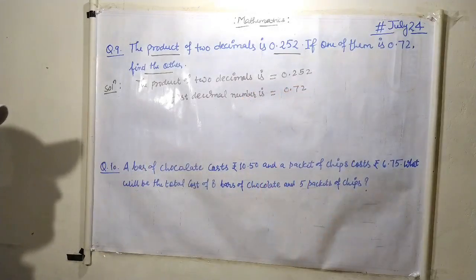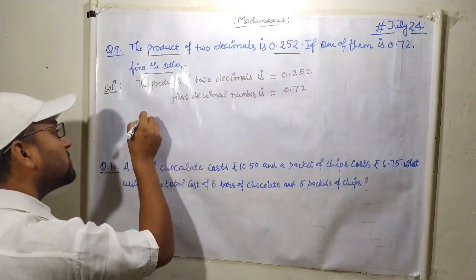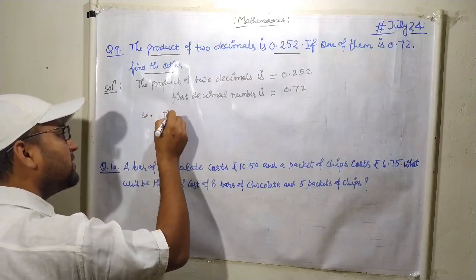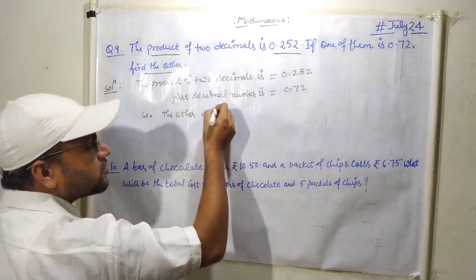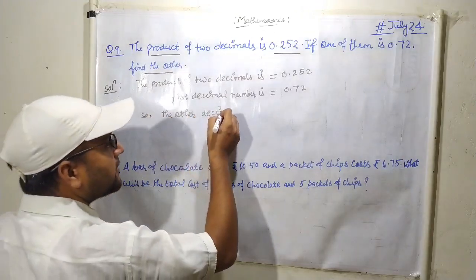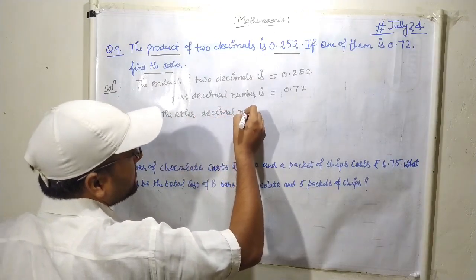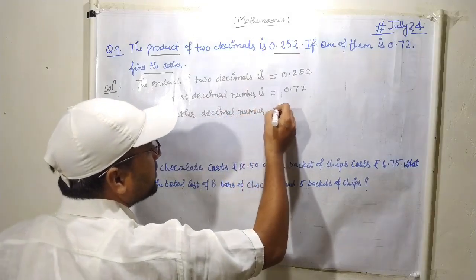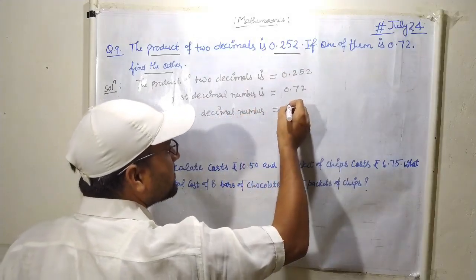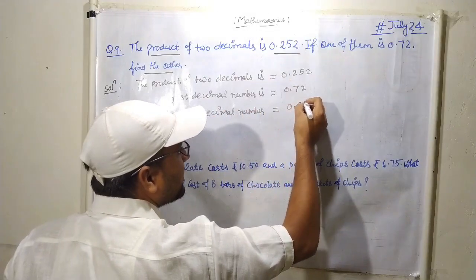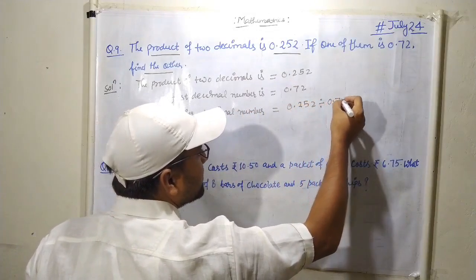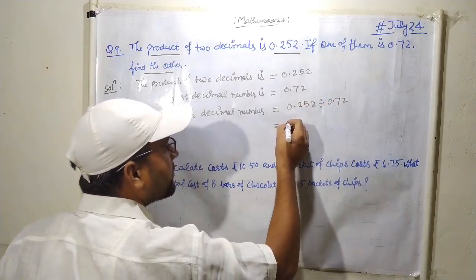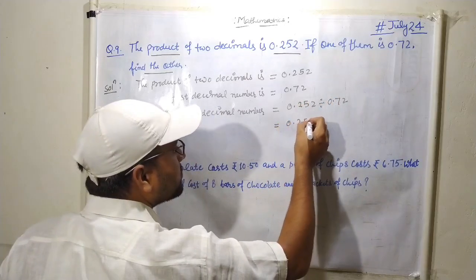So the other, the second decimal number, is equal to the product divided by the first decimal number, or you can write it in the form of a fraction, 0.252 upon 0.72.